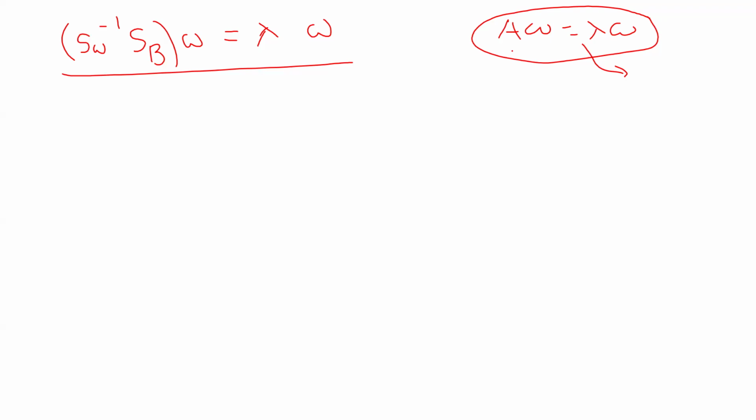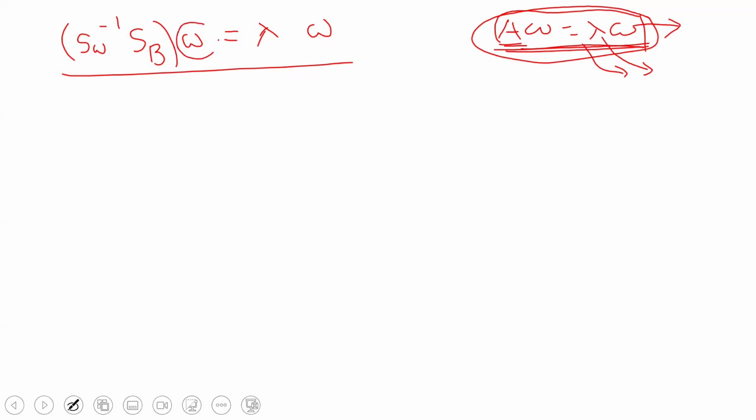So this is the equation of eigenvector decomposition. If you are seeing something like this, lambda is the eigenvalue and W is the eigenvector of matrix A. Now the goal is to find out W, right? You have to maximize J of W. To maximize it, W is nothing but the eigenvector of SW inverse SB.